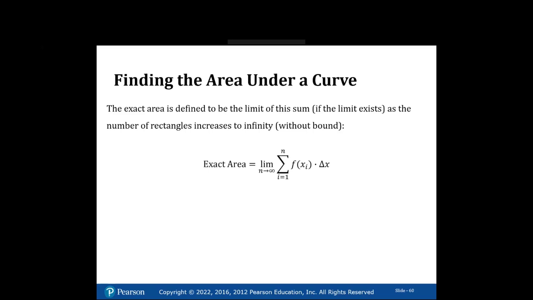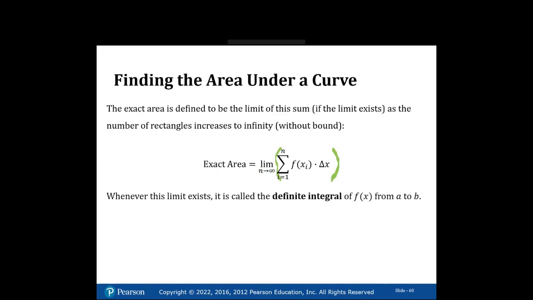So we're going to take this summation, which is what we came up with, right? That's the area under the curve using n rectangles. And now I'm going to send this n to infinity. So I'm going to go until I have infinite rectangles. That gives me the exact area that's under the curve.